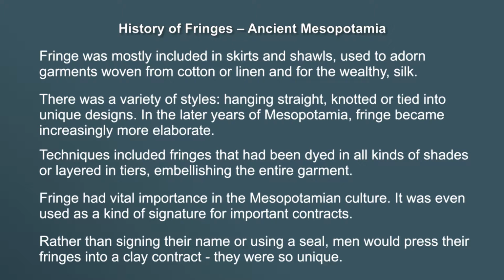In the later years of Mesopotamia, fringe became increasingly more elaborate. Techniques included fringes that had been dyed in all kinds of shades or layered in tiers, embellishing the entire garment.